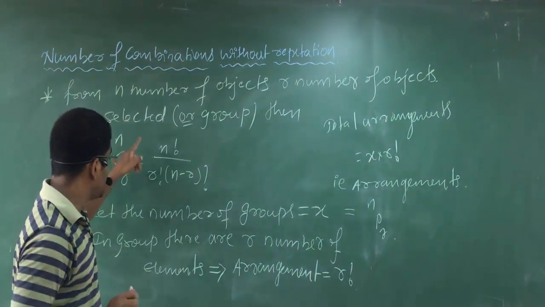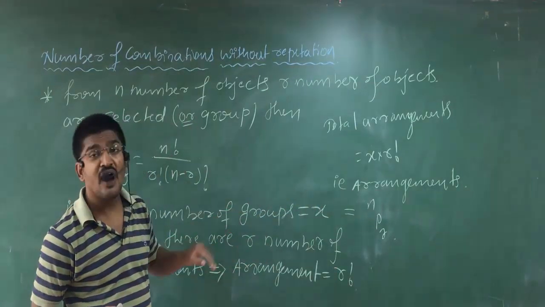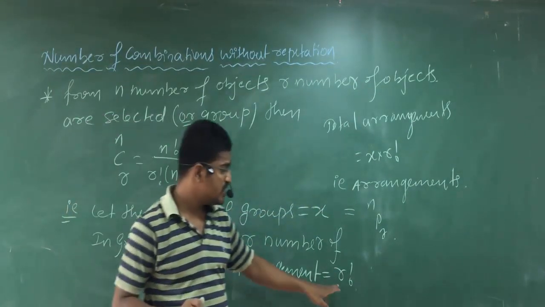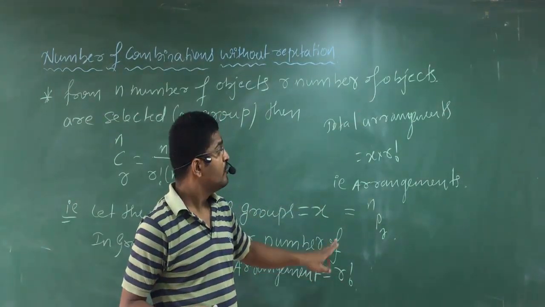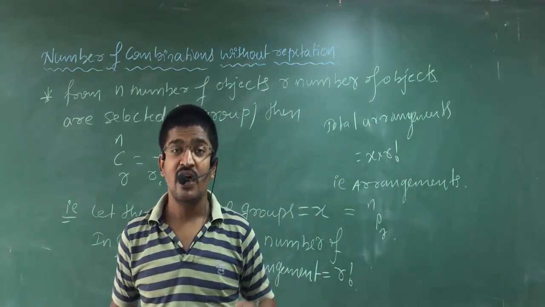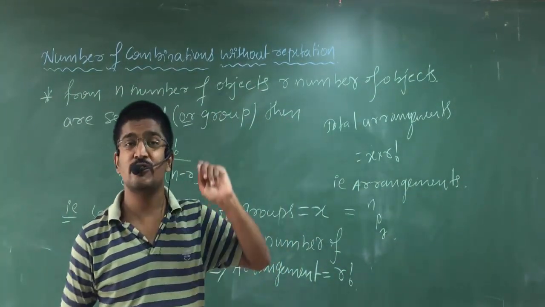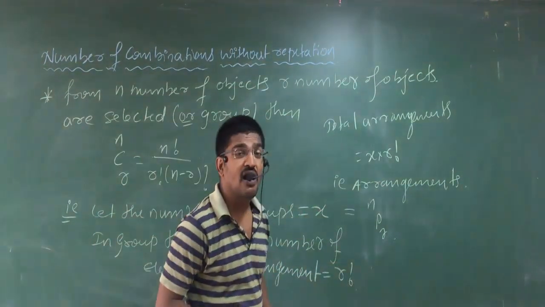But according to here, we have x number of groups. In each group, r number of elements can be arranged in r factorial ways. From that we can say total arrangements are x into r factorial. But we know the formula of arrangements of r elements from n, that is nPr.